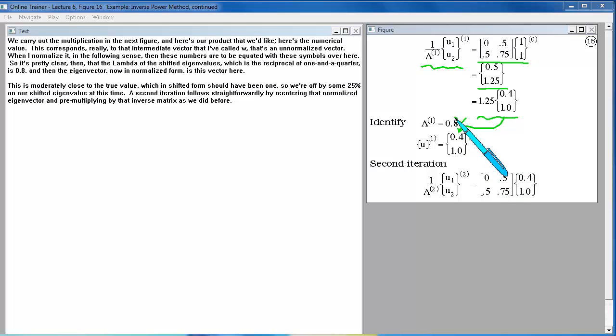This is moderately close to the true value, which in shifted form should have been 1, so we're off by some 25% on our shifted eigenvalue at this time. A second iteration follows straightforwardly by re-entering that normalized eigenvector and pre-multiplying by that inverse matrix as before.